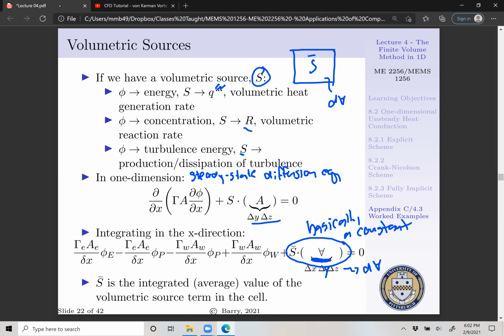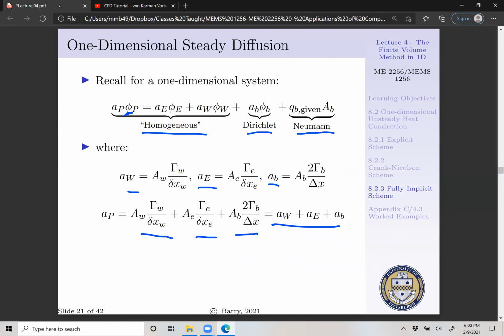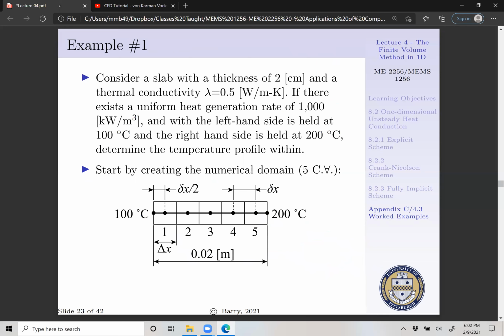So sources, although they appear cumbersome, and we have to take an average source term acting in our differential volume, it's just going to tack on as a little constant value. So let's actually see how this works. Sources are going to be incredibly easy and something we can easily modify our transient solution to incorporate.